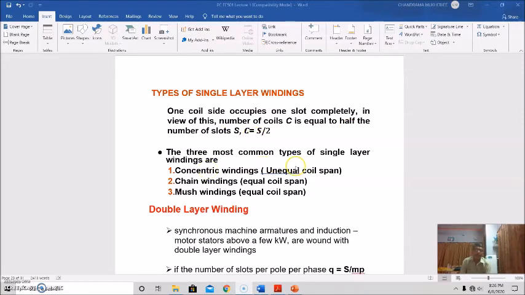The three most common types of single layer windings are concentric windings, which are of unequal coil span, then chain windings, which are of equal coil span, and mush windings, which are also of equal span. So these are the single layer winding types.